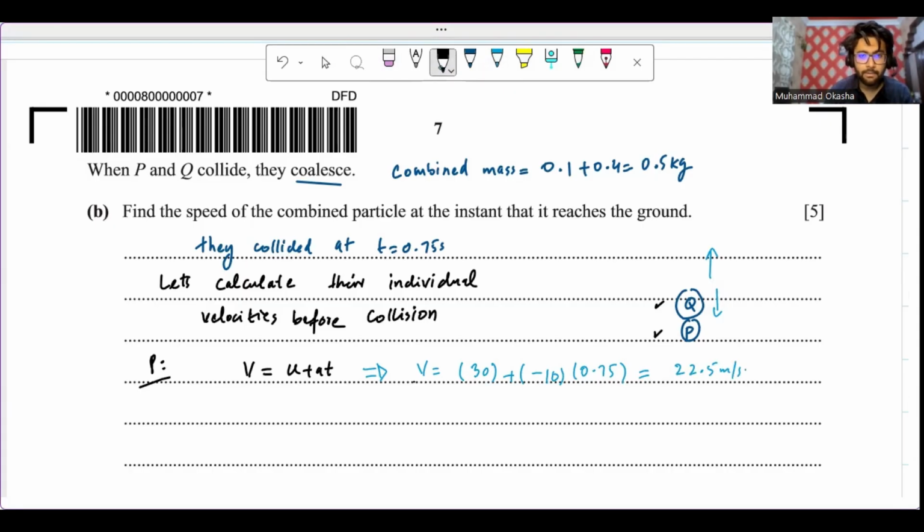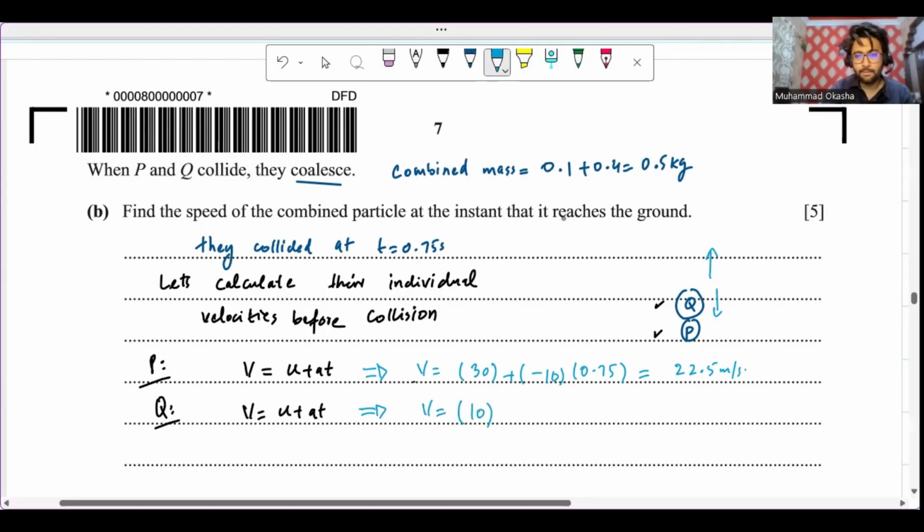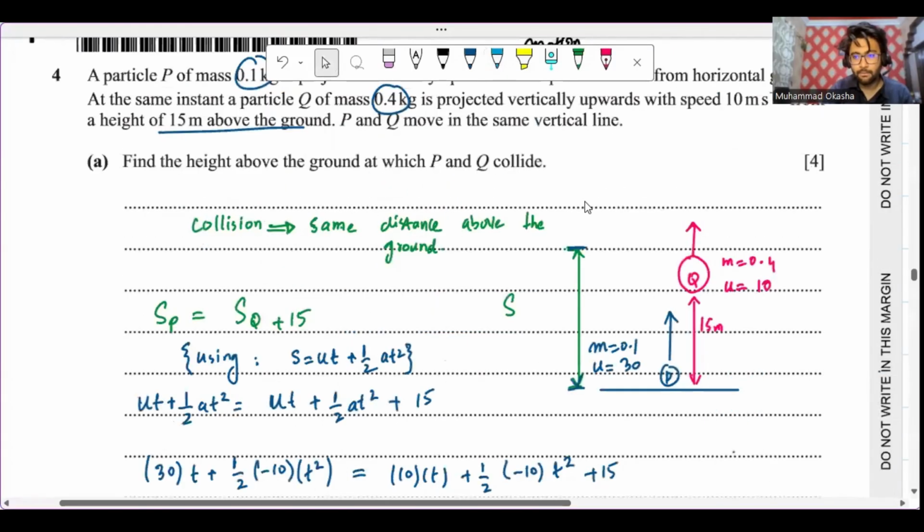Let's talk about particle Q. For the velocity of particle Q, we'll use the same formula, v equals u plus at. It was shot at an initial velocity of 10, which is given over here.